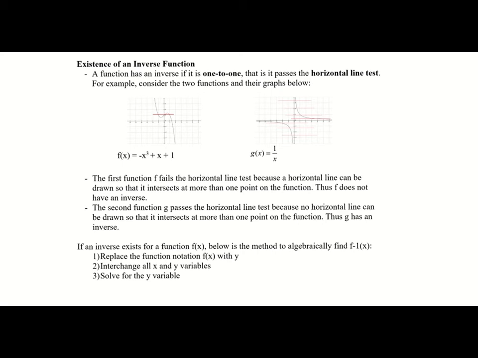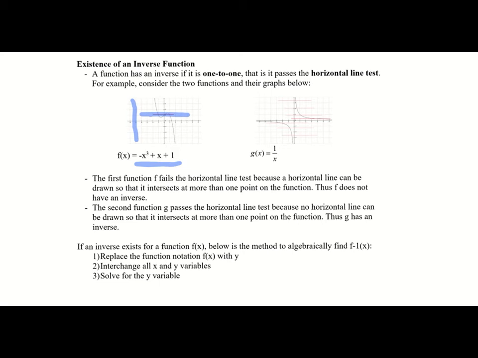So instead of just drawing your vertical lines, now you're going to have to draw horizontal lines. So if we look at this first function here, because when I draw that horizontal line, it passes more than 1 point on the graph at a time, this function does not have an inverse because it fails that horizontal line test.